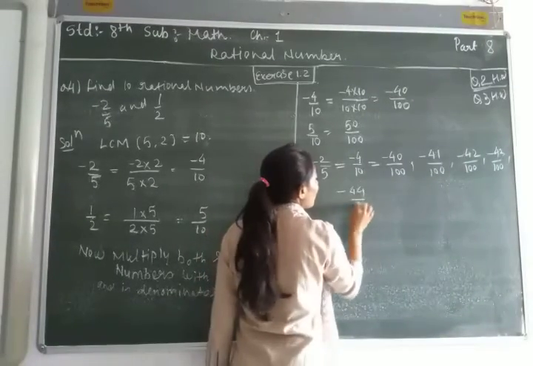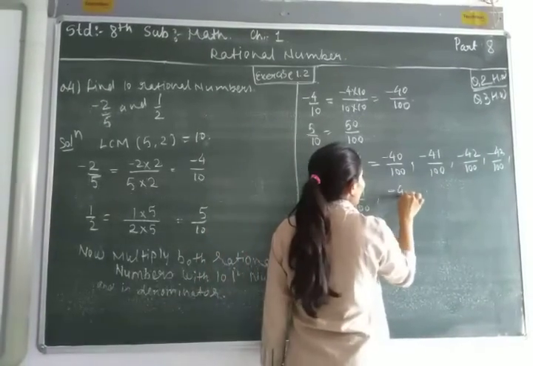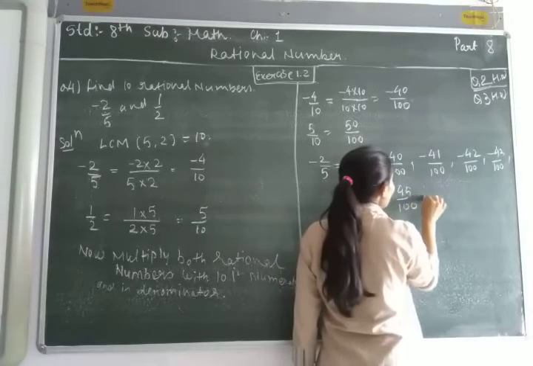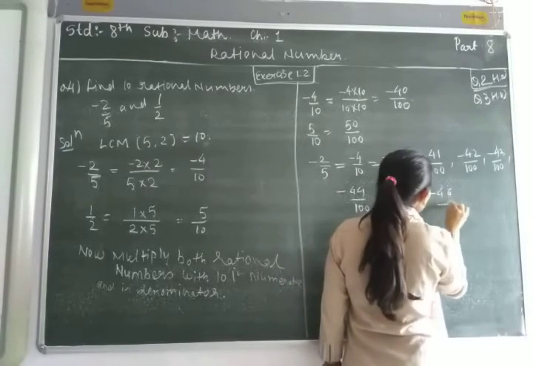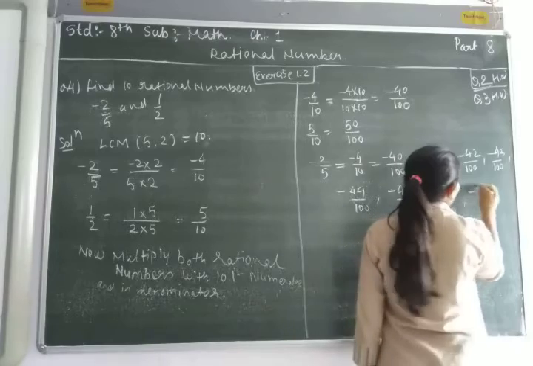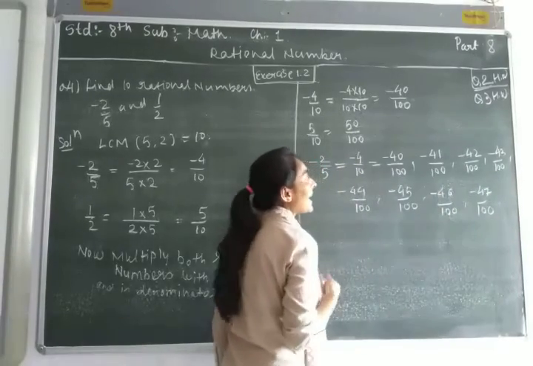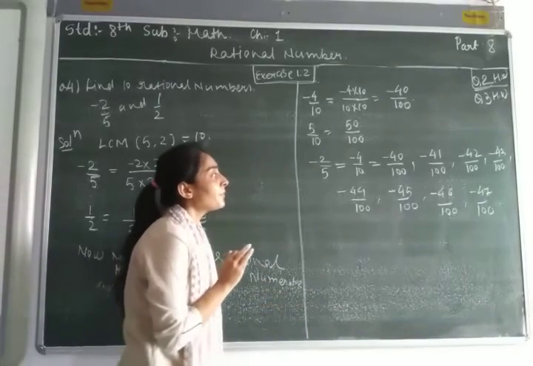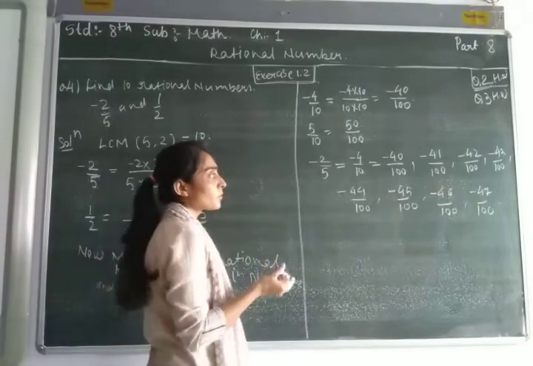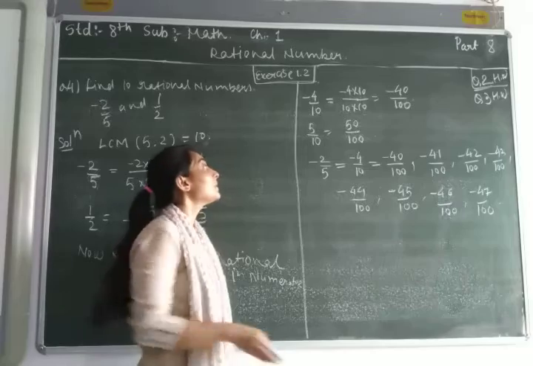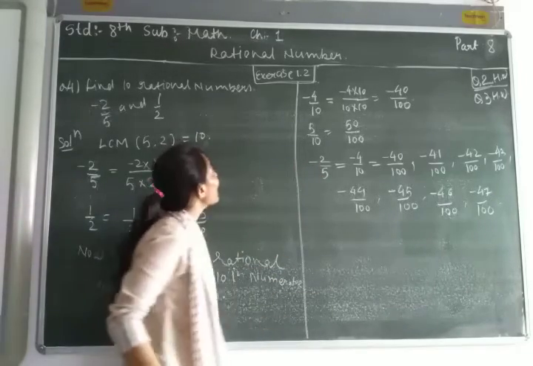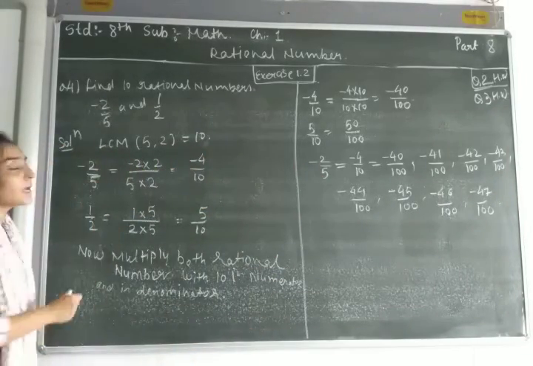Now minus 36 upon 100, minus 35 upon 100, minus 34 upon 100, minus 33 upon 100. You can pick any one. We want only 10 rational numbers which lie between minus 2 by 5 and 1 by 2.